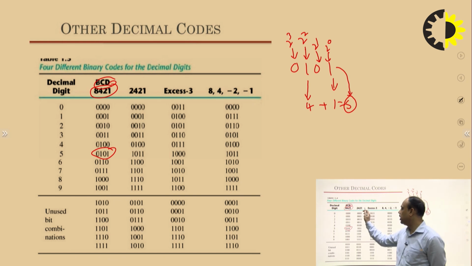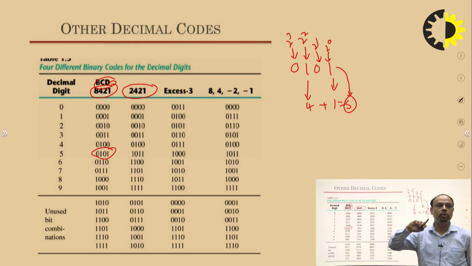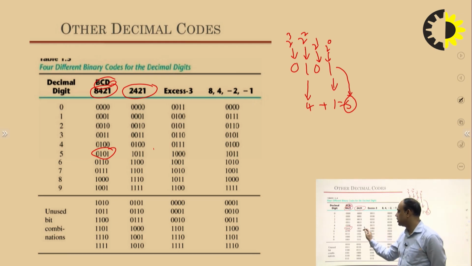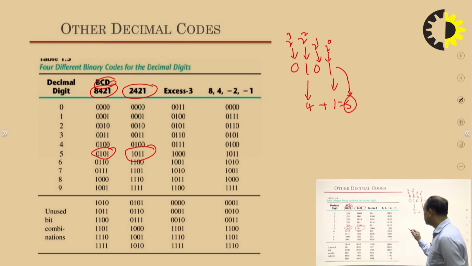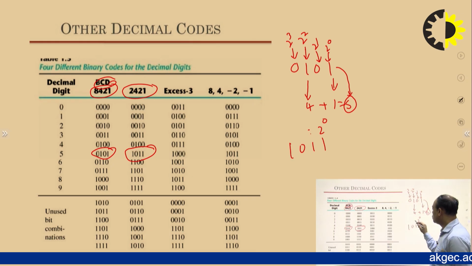Similarly, there is also a 2421 code, in which the weight of the most significant bit is only 2, not 2 to the power 3. So in this case, if we want to represent the number 1011, this is 2 to the power 0, 2 to the power 1, 2 to the power 2, and again this is only 2.